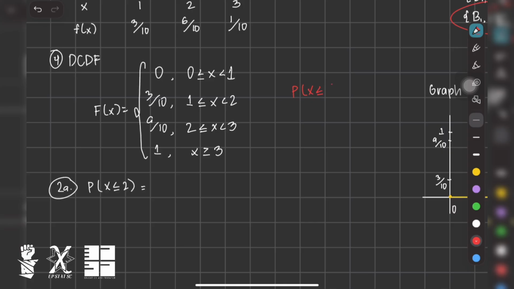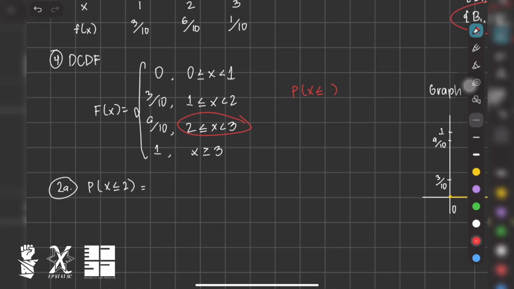We are looking for the probability that X is less than or equal to 2. When we look at the piecewise function of your cumulative distribution function, we can see that 2 is inside this range.